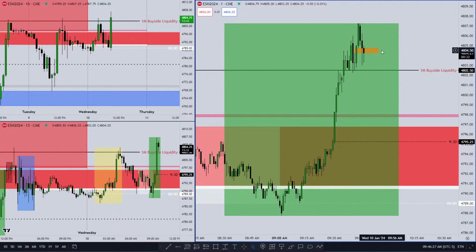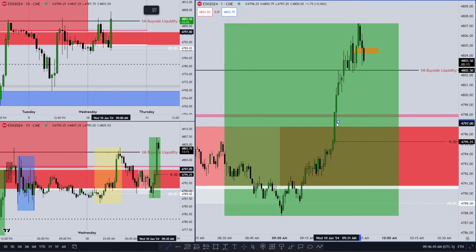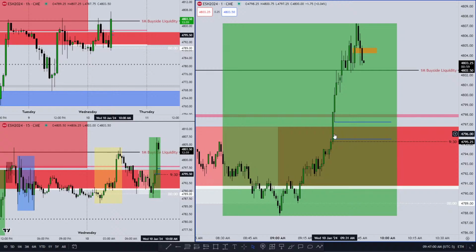So this is essentially the first premium array I've pointed out on a 1 minute chart. This is a 1 minute buy side imbalance, sell side inefficiency that I would treat as a 1 minute draw on liquidity.